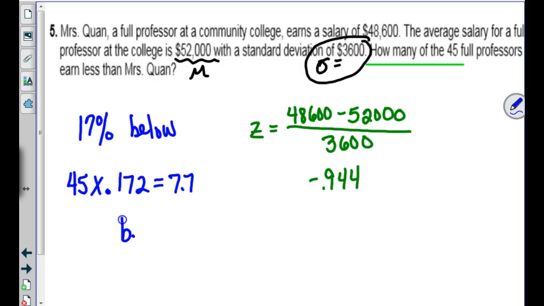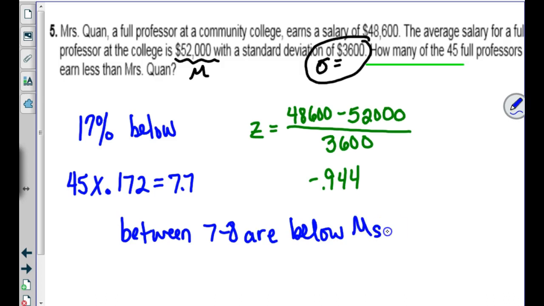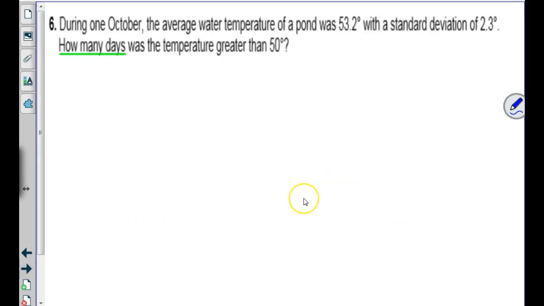So between 7 and 8 people, somewhere in there, are below her on the salary schedule. Making sense here? Good. All right. I promise I'll stop doing them 10 different ways, okay?